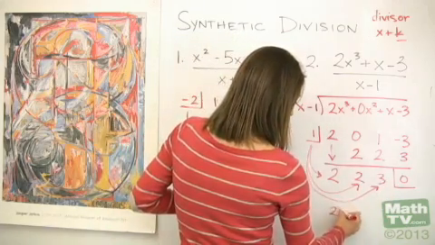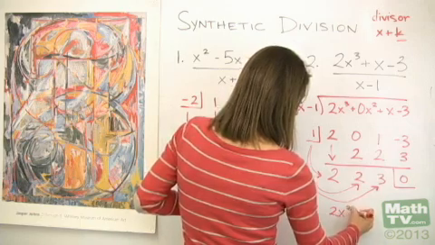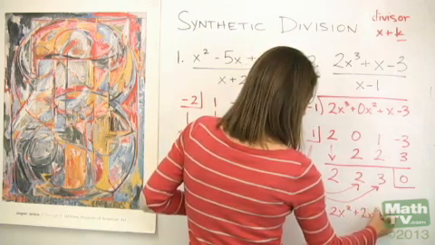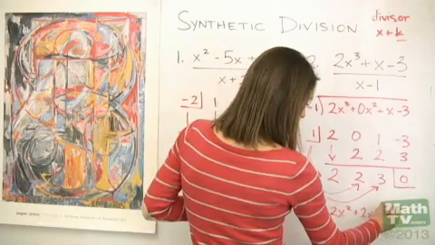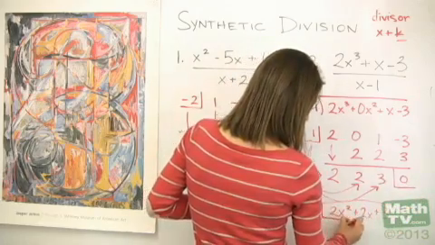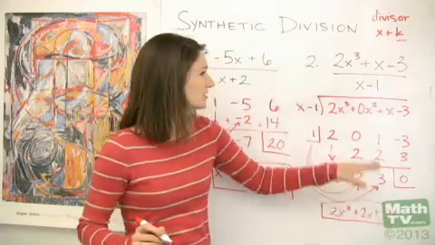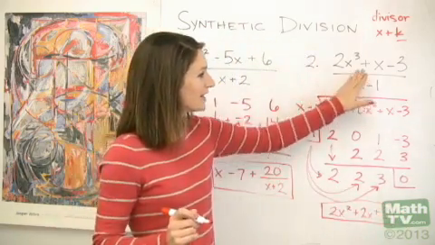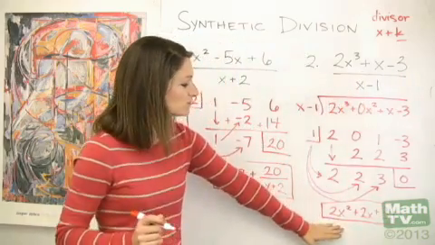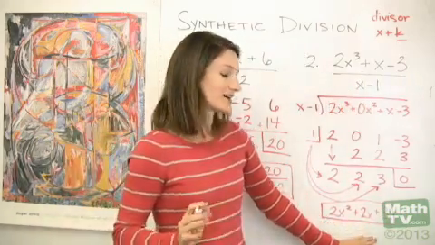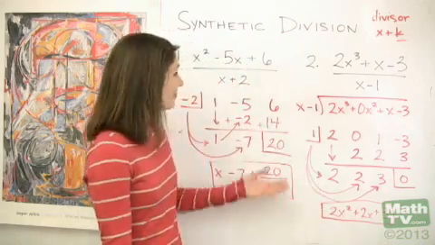We have 2x squared plus 2x plus our constant 3. We have a remainder of 0, so we don't need to add that in. And here's our answer. When we divide 2x cubed plus x minus 3 by x minus 1, we get an answer of 2x squared plus 2x plus 3. And that's synthetic division.